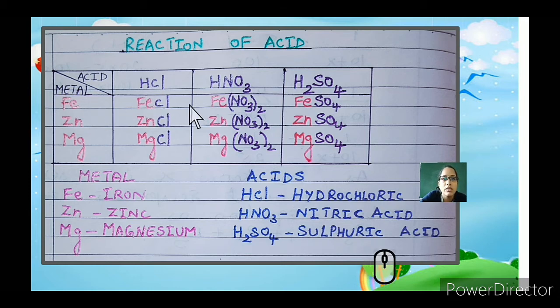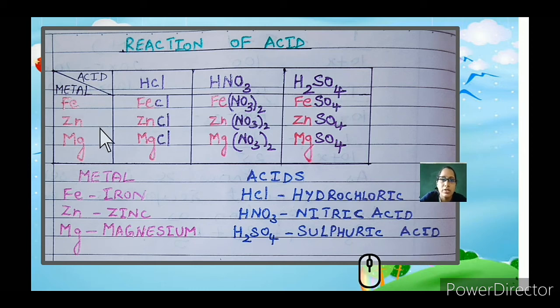Here you can see that with nitric acid we get Fe(NO3) twice. The twice has come due to the valency of the electrons, the calculation of valency. So you can see Fe(NO3)2 and hydrogen is the gas released. Next, iron reacts with sulfuric acid to give rise to FeSO4, and here also hydrogen is released.